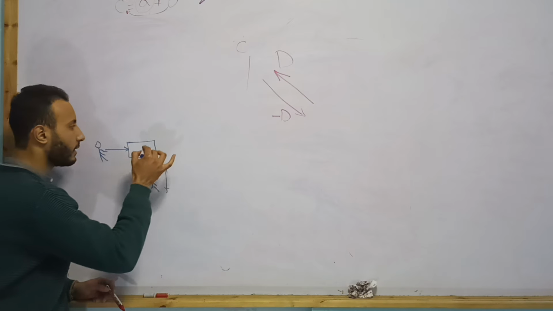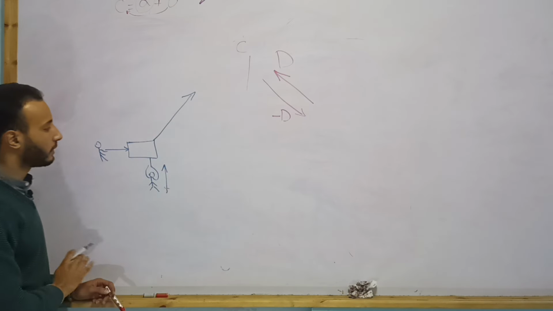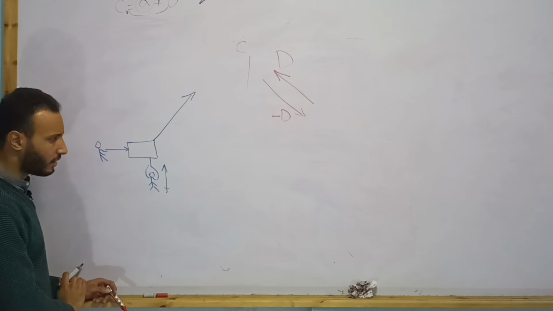The answer: the table will move like this, in between the two. So why is it going to be in between both of them?